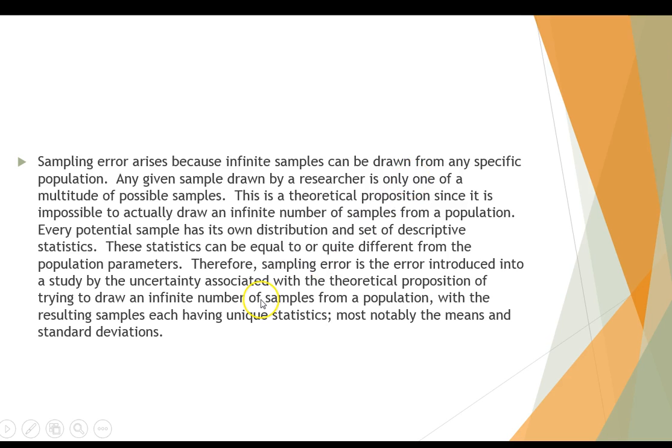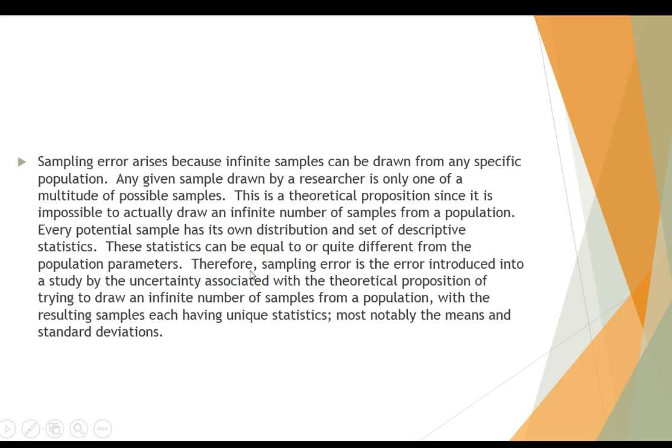Just explain that. Since it is impossible to actually draw an infinite number of samples from a population, every sample has its own distribution and set of descriptive stats. Remember, every sample that you pull from that population is going to be distributed in a certain way. You can have certain males, certain females, different ages. They can be very equal or very different from the population.